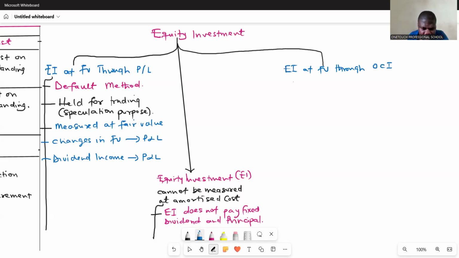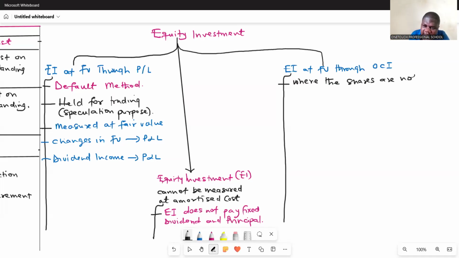So now, fair value through OCI. Let's move. Number one, where the shares are not held for trading.